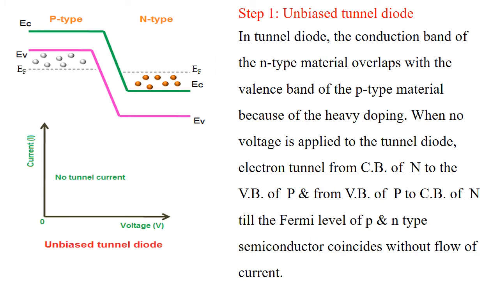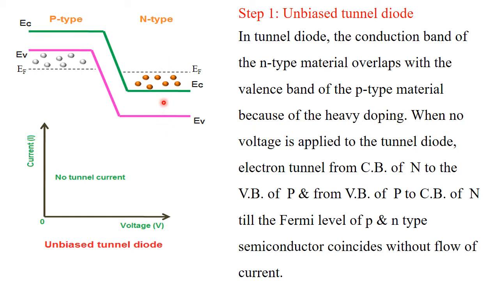So let us study step 1, the unbiased tunnel diode. As we have discussed in the last few lectures on semiconductor physics, when we bring the p-type and n-type semiconductor band structures together to form a junction, the n-type energy band structure starts shifting in a downward direction because electrons lose energy.